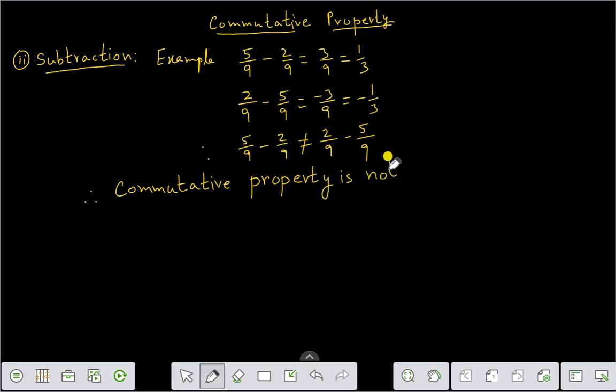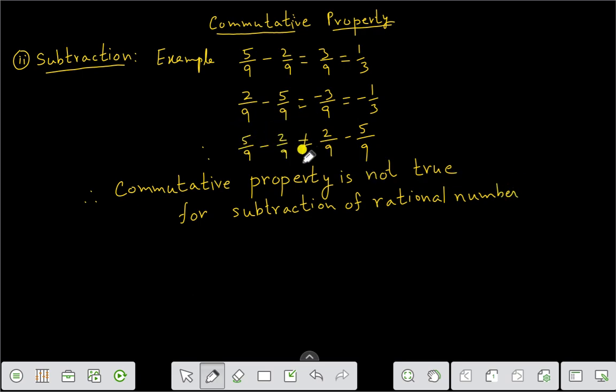Commutative property is not true for subtraction of rational numbers.